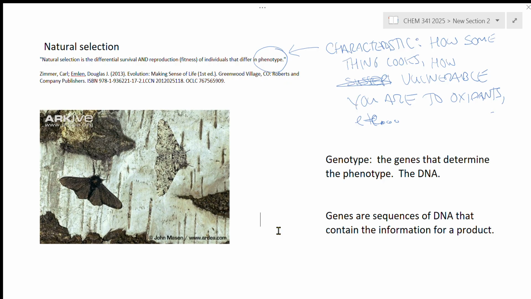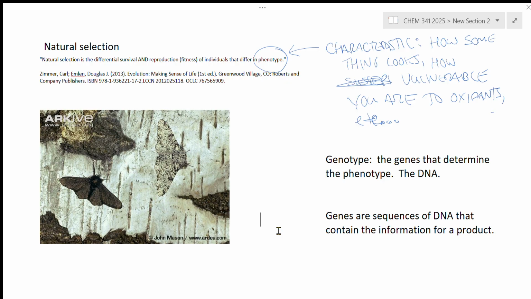So it used to be that 90% of the moths looked like this, and 10% looked like this. And then suddenly the Industrial Revolution comes, all the trees are black, and now 90% of the moths look like this, and 10% like that. Does that make sense? Because it depends on what's easier for the predator to get to.